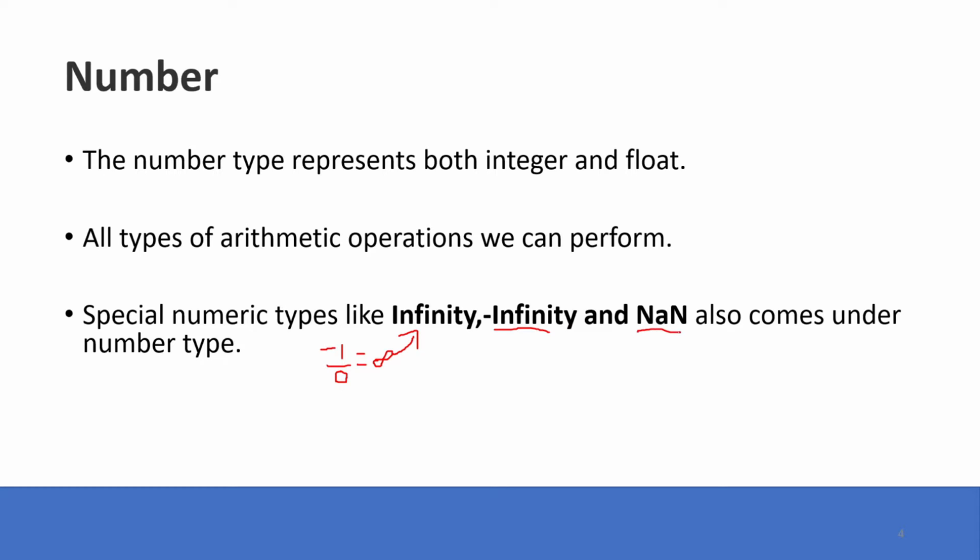And NaN is a special value: when we try to do arithmetic operations on two different data types, like multiplying a number with a string, then NaN is the output and it will propagate. That means once NaN comes, all the results will be NaN because of one NaN. NaN means not a number.